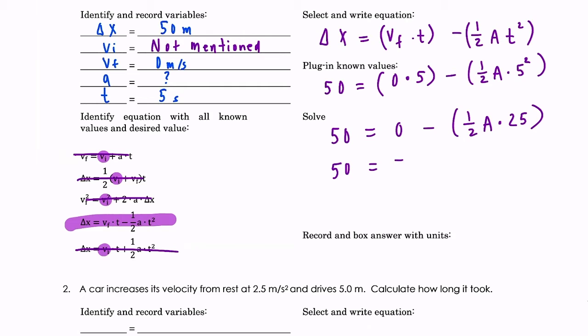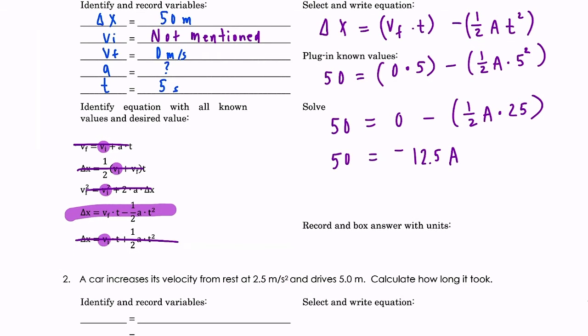I'm just going to get rid of the 0 and just make this negative 1/2 times 25 is 12.5. And that's still being multiplied by a.